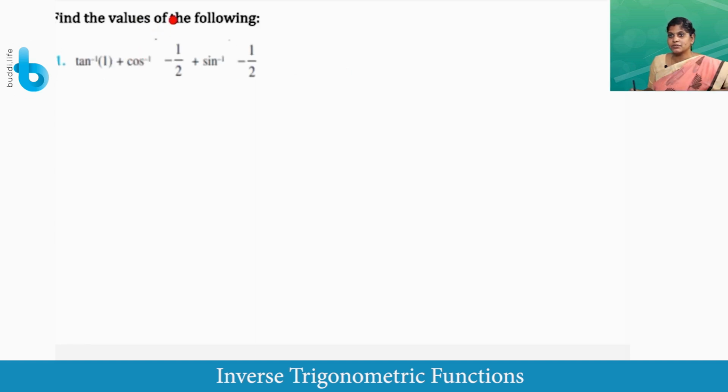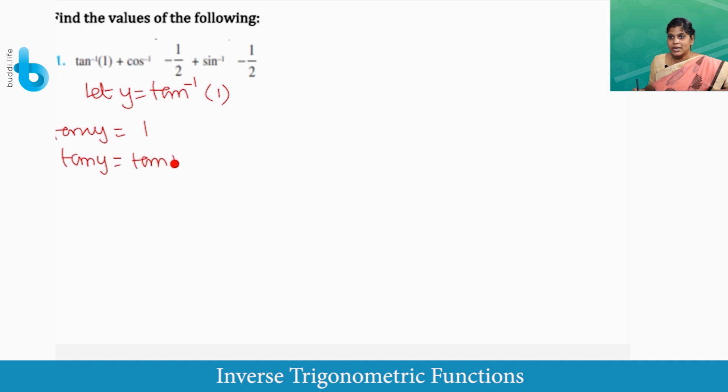Our next question is we have to find the value of the following. Here the functions are given together. Find the principal value separately and you can add it. Okay, first let us take tan inverse of 1. Let y equal to tan inverse of 1. Therefore tan y equal to 1. For what value of theta will my tan become 1?